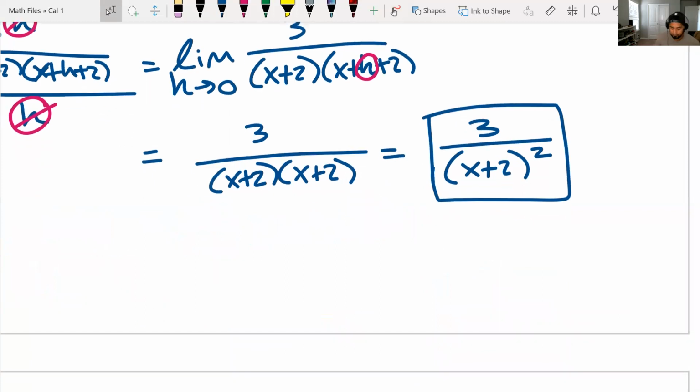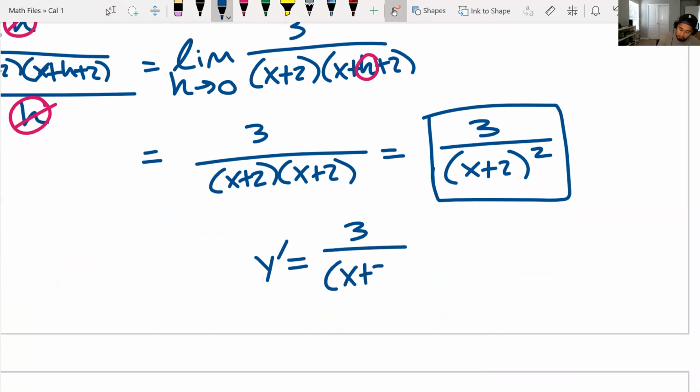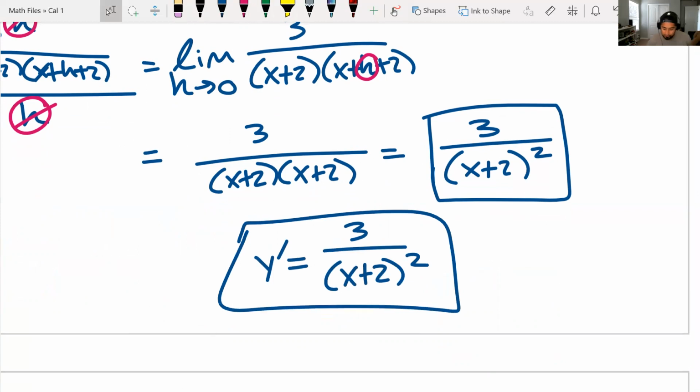Ooh, that was good. Now we could actually state the answer as the derivative. I mean, it is the derivative, but with the proper notation. We can say y prime is equal to 3 over x plus 2 squared.